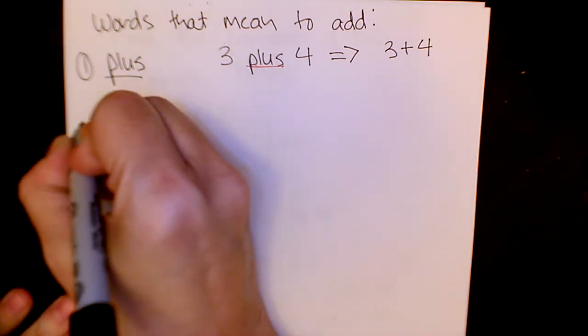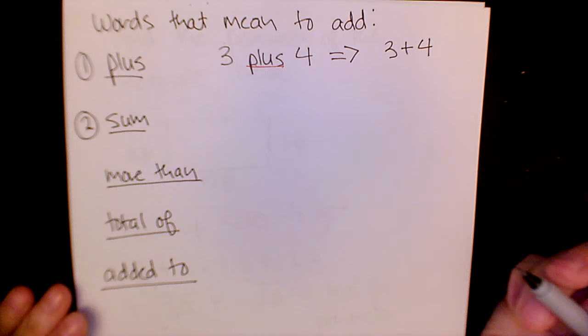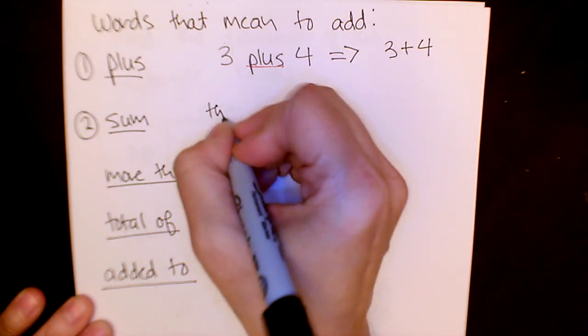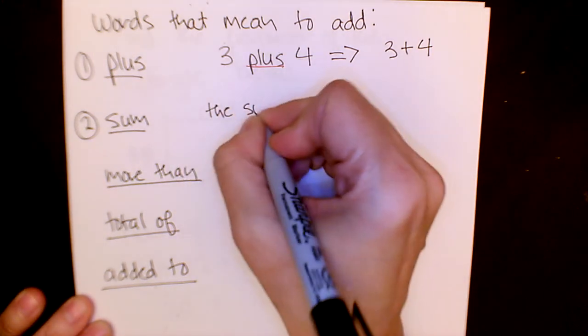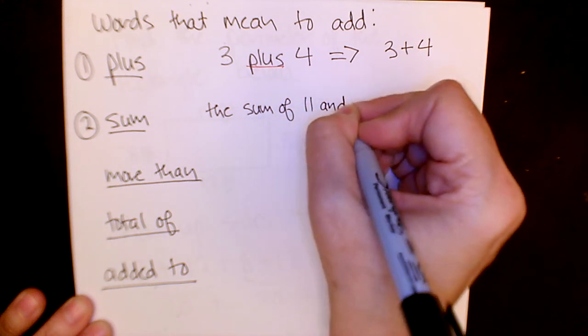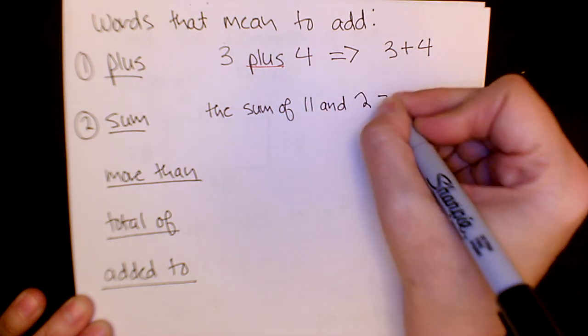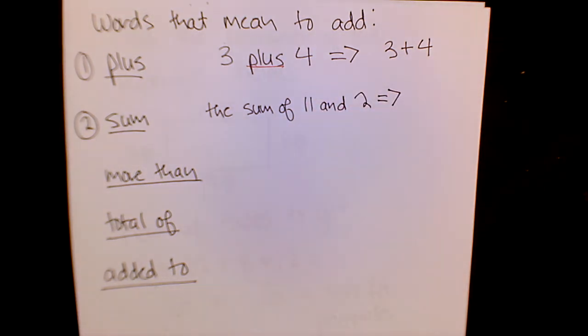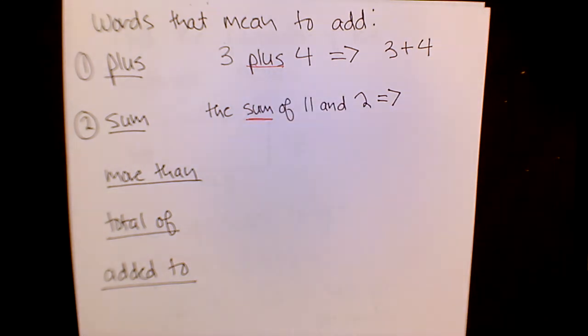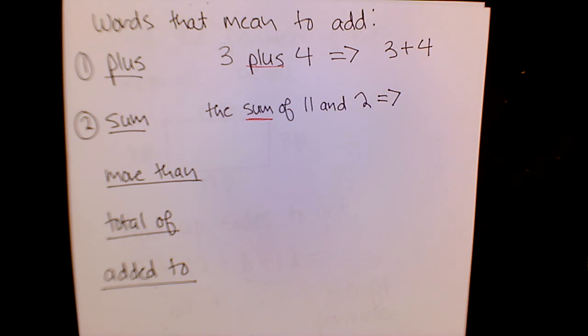Sum, word number 2, also means to add. So let's say I wanted you to write in math the sum of 11 and 2. Key word is sum. When you see sum, you know that means to add.